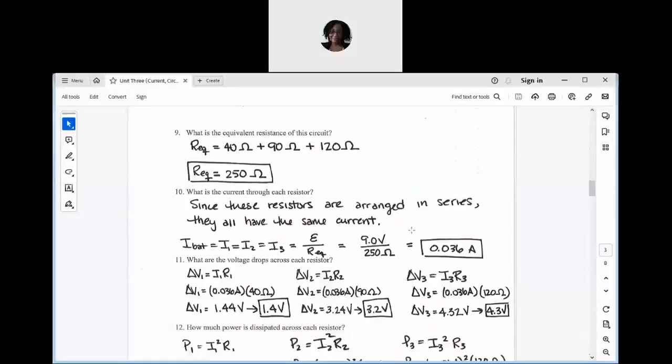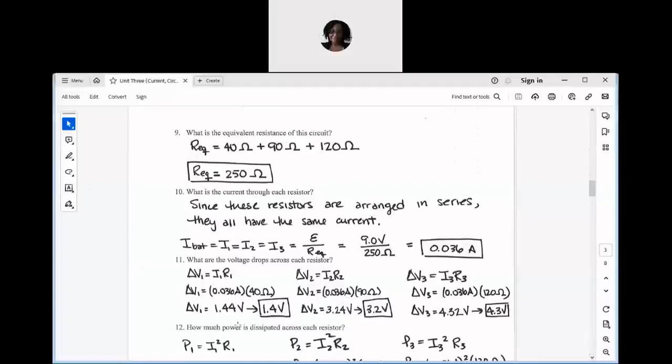Now I can take that current that I know applies to each of the resistors and figure out how the 9 volts that the battery is providing is lost as I go across each resistor. If I put in 9 volts, I have to be able to find where I lose 9 volts. So this is Ohm's law applied to just the individual resistors. I know the current and I know each resistance value.